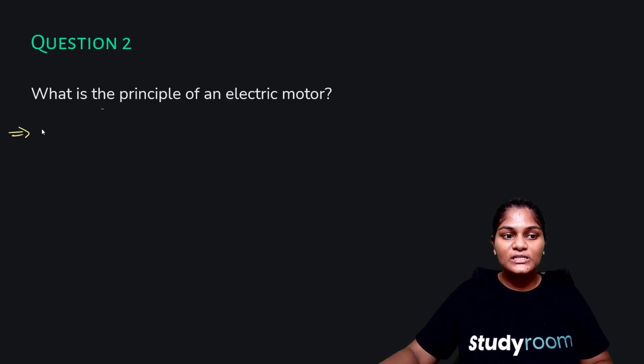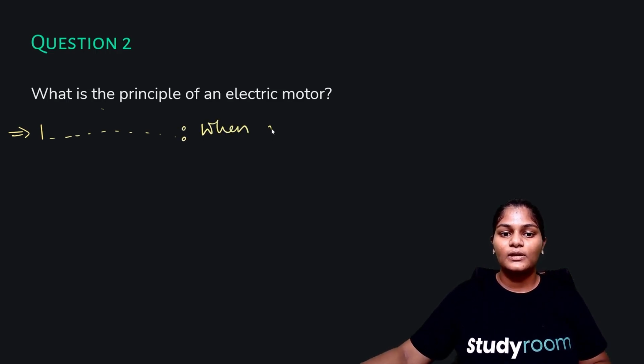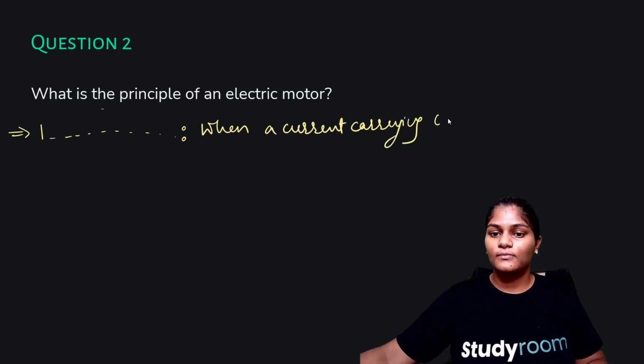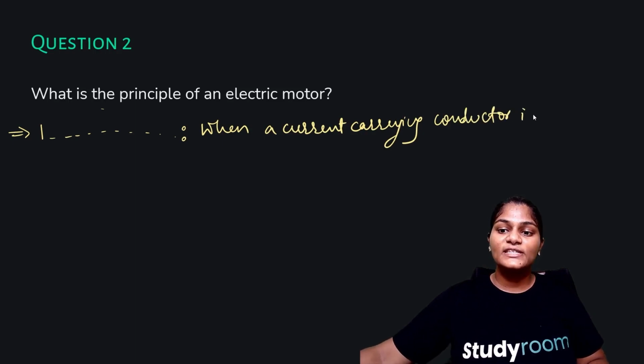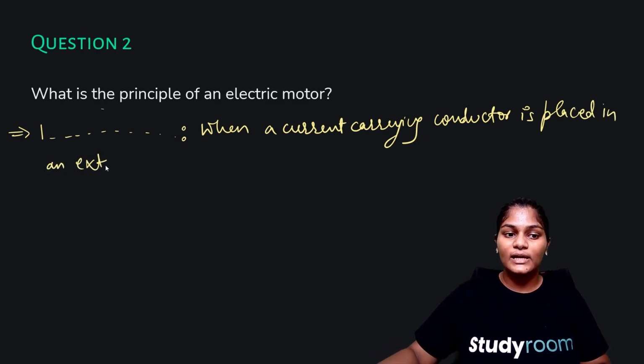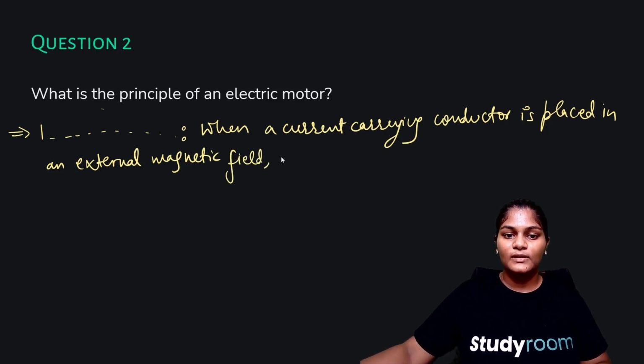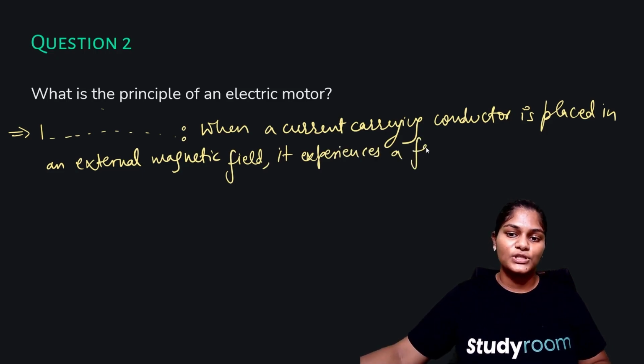So we write the whole line. The principle of the electric motor is: when a current carrying conductor is placed in an external magnetic field, again, not the conductor's own magnetic field, it experiences a force.